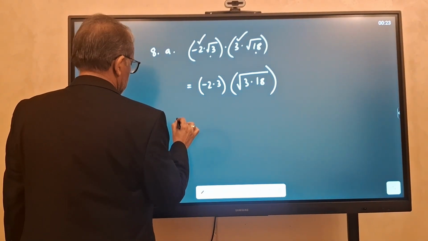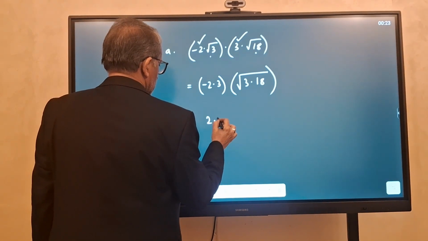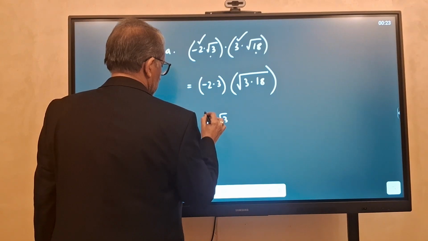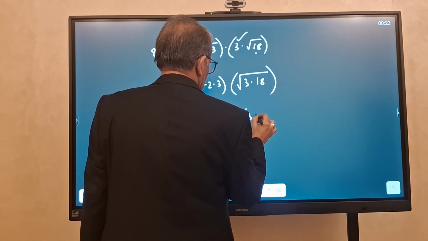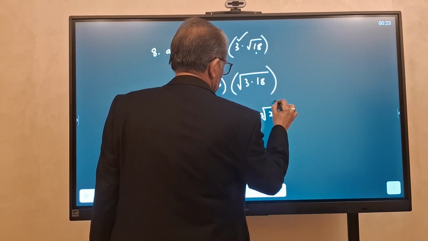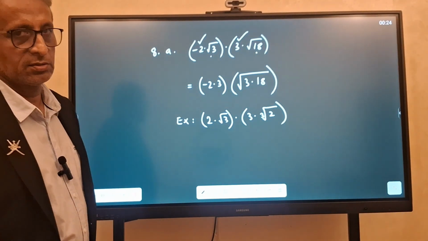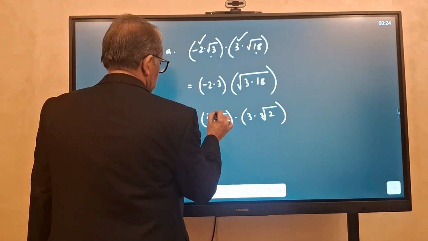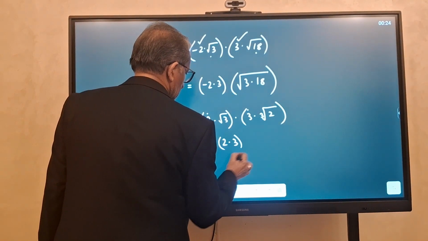Suppose another example: 2 root 3 dot 3 root 2. First I multiply the numbers, that is 2 into 3.